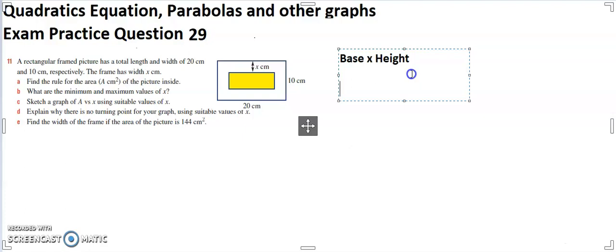The base is 20 centimeters minus 2 lots of x, and our width is 10 centimeters minus 2 lots of x. So that's what we know, and that's what area equals.